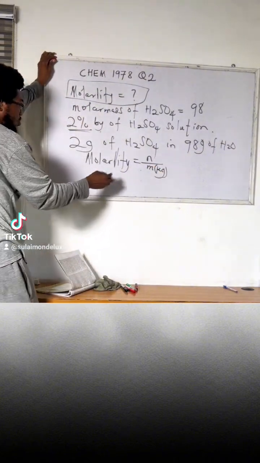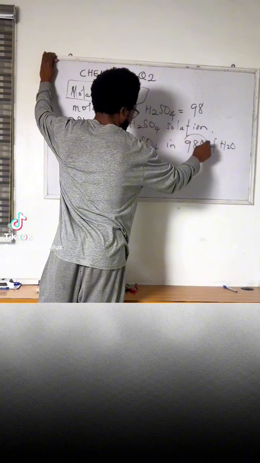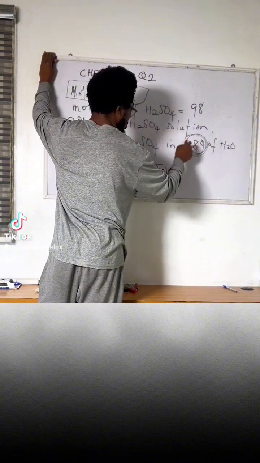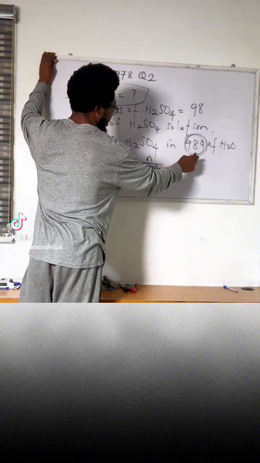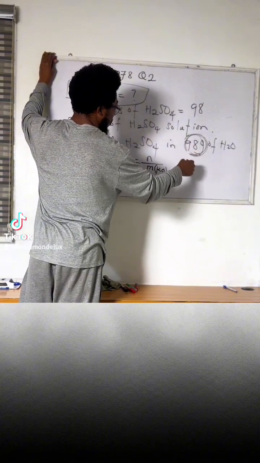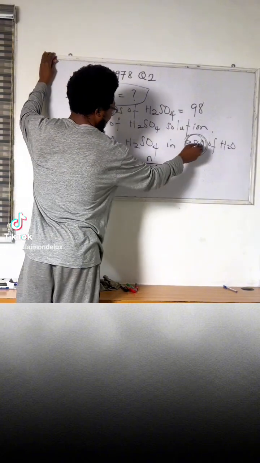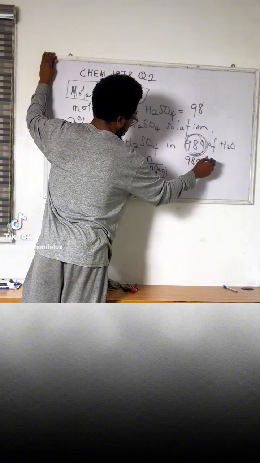Therefore, we need to look for the number of moles of H2SO4, and we need to convert the grams of water to kilograms. We need to note that the mass of water in grams is the same as the volume of water in cm cube. So 98 grams of water is also 98 cm cube of water.